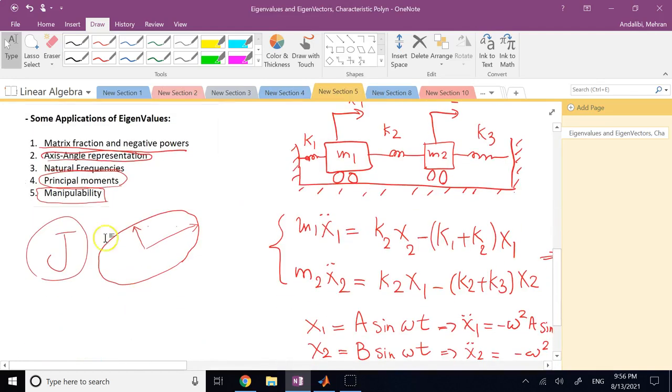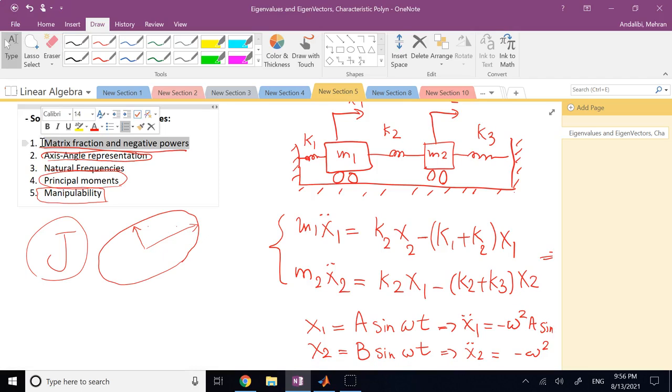These eigenvalues have lots of applications from math. By the way, these powers of A, we use them in controls a lot. When we go to controls of MIMO systems, we definitely need to work with a matrix A, which is called the state transition matrix.